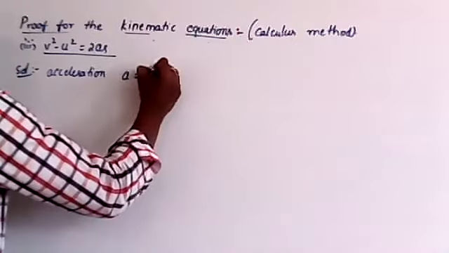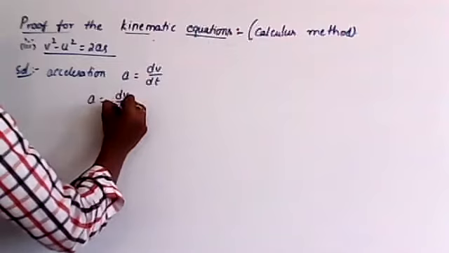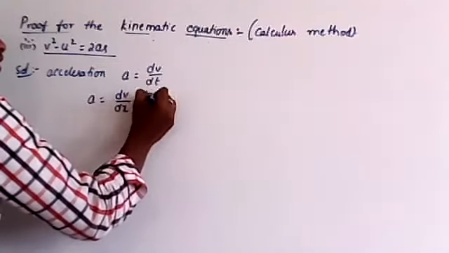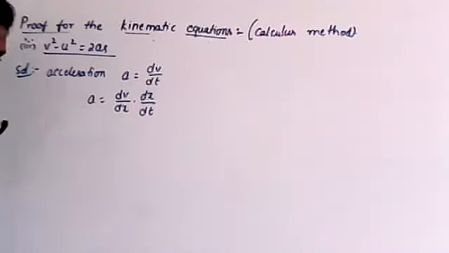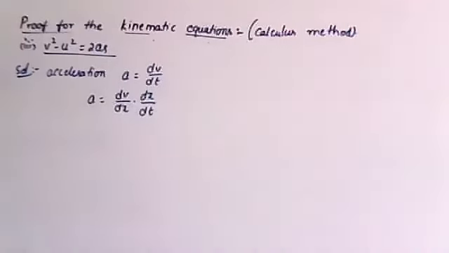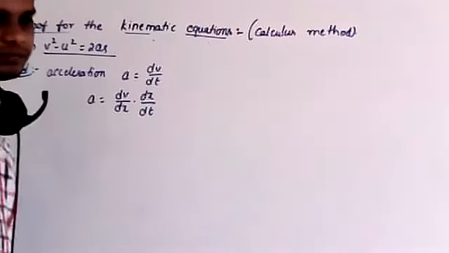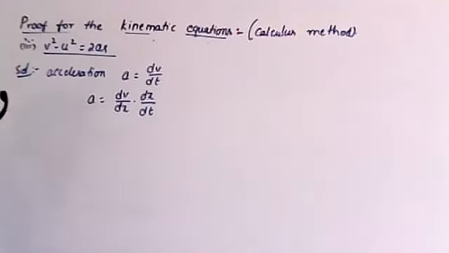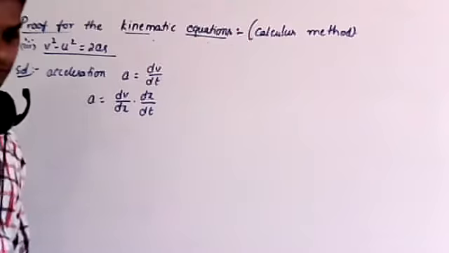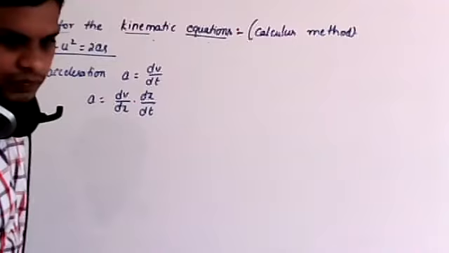So acceleration is dv by dt. Now that acceleration can be taken as dv by dx into dx by dt. This is the chain rule. Do you remember?